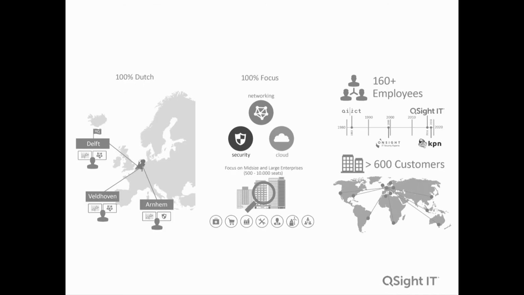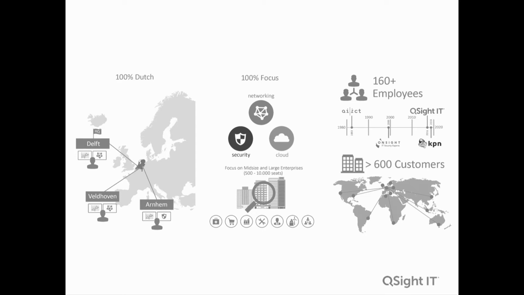First, a little bit about the company we work for. That's Qsight IT. It's a product of a merger of two companies, Qi ICT and Qsight ICT. Qsight is mainly focused on cybersecurity, selling security devices like firewalls, and we also have our own SOC, and we do have managed services to service the devices which are at customer site.